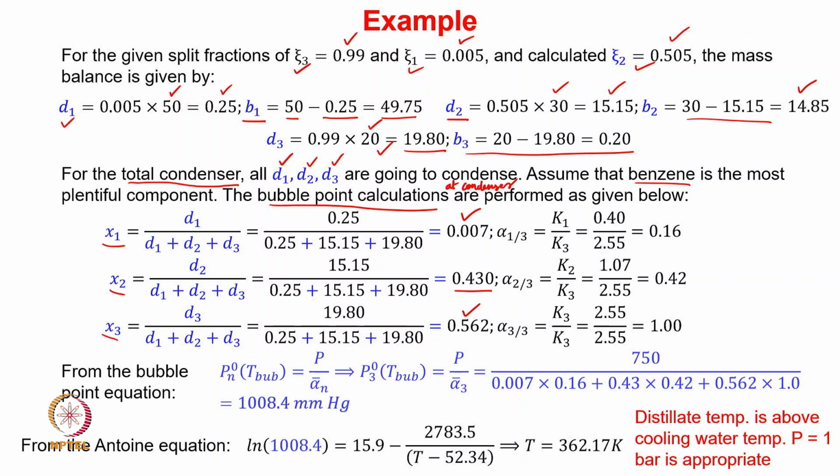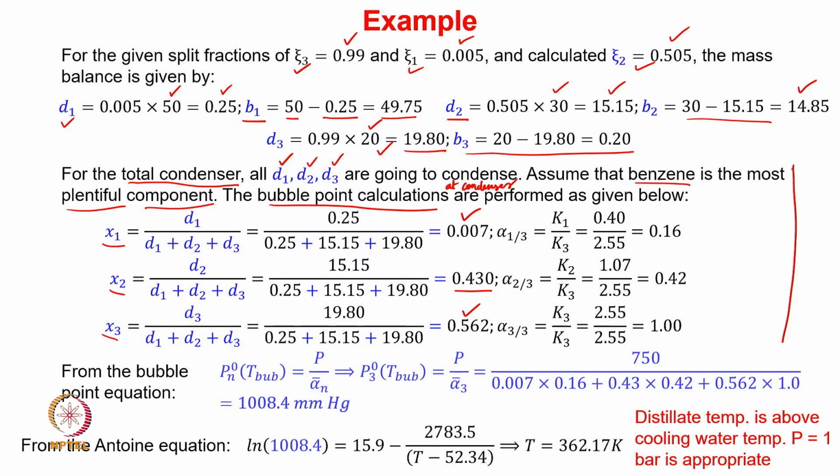Now again we can calculate. Remember, in this case, since the benzene is abundantly present, it's a plentiful component, we have to calculate the relative volatility with respect to benzene here, only for these bubble point calculations at the condenser.